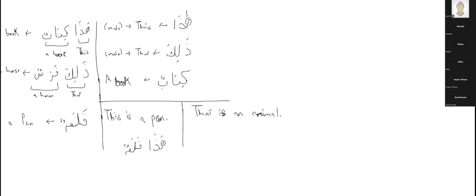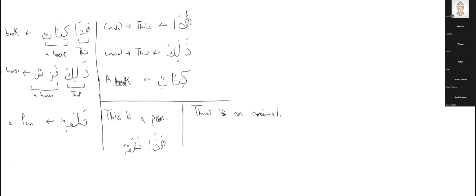I'm gonna bring another word in there, right? So that is an animal. Apologies for the handwriting. Writing on the tablet is not exactly the most ideal form, but it is what it is.